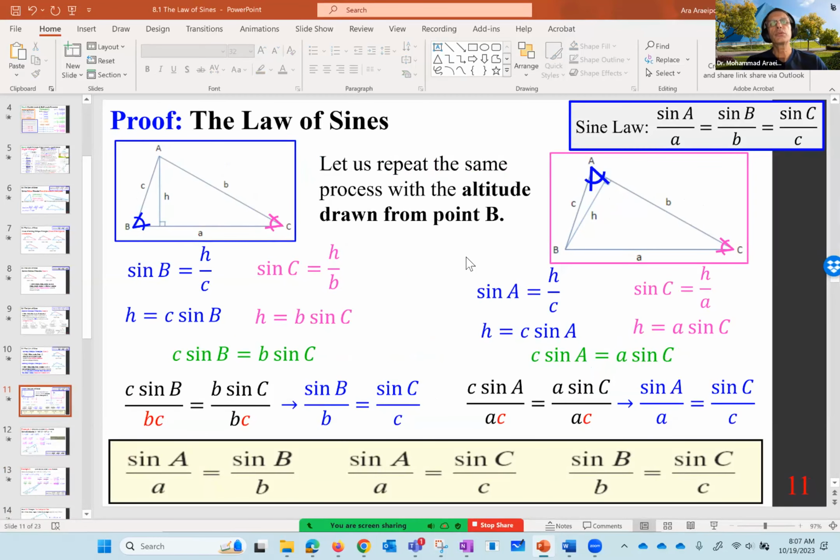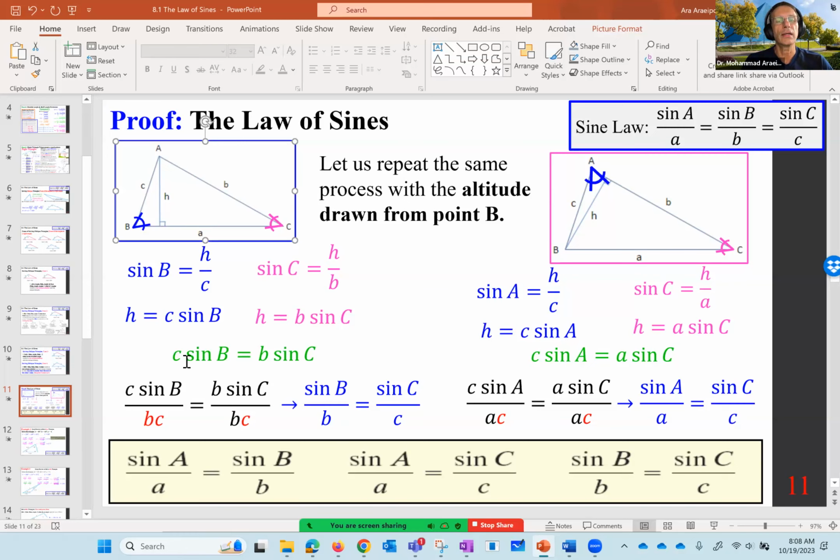So we looked at the proof of the law of sine. So basically, in this case, we are finding the value of h in the two triangles. The left side is a right triangle, the right side is a right triangle. And we use the definition of a sine, which is the opposite over the hypotenuse.